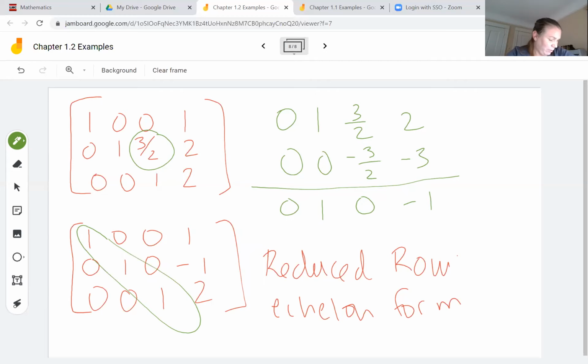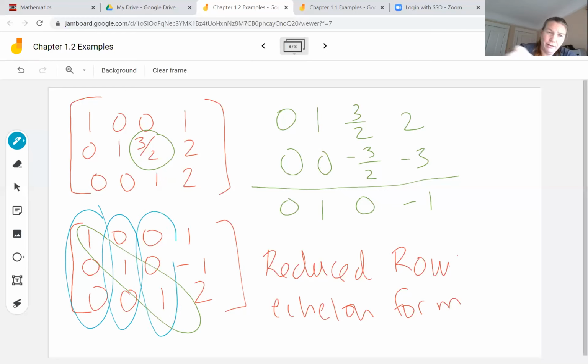And then we can say the matrix is in reduced row echelon form when every column that has a leading 1 in it has zeros everywhere else. If you look at column 1 here, it has 0 in every position except entry 1, 1. If you look at column 2, it has zeros every place except entry 2, 2, which is row 2, column 2.